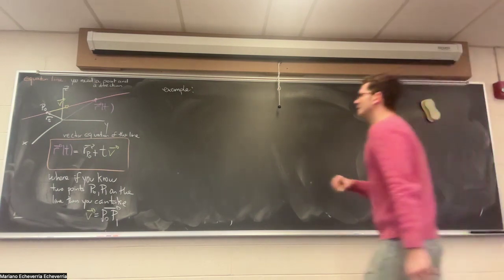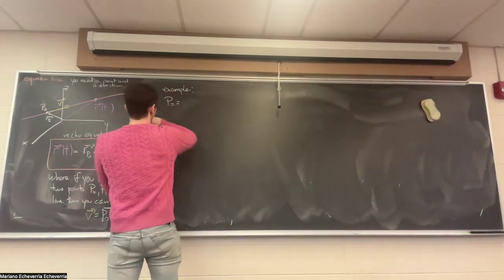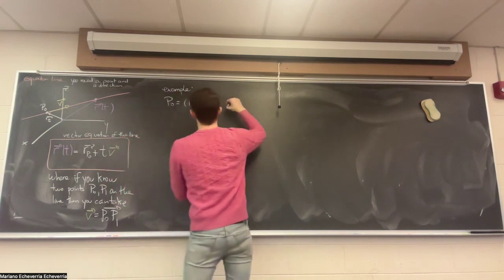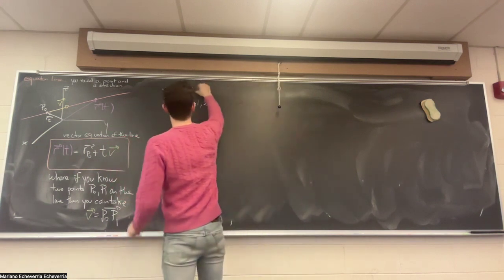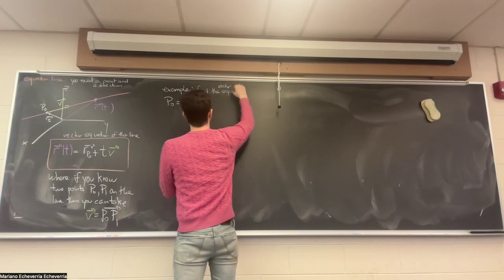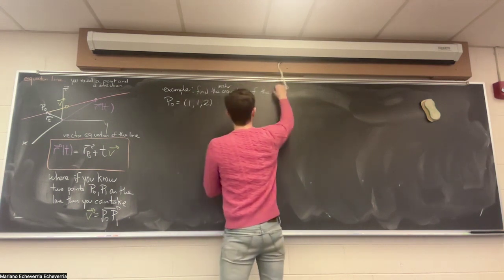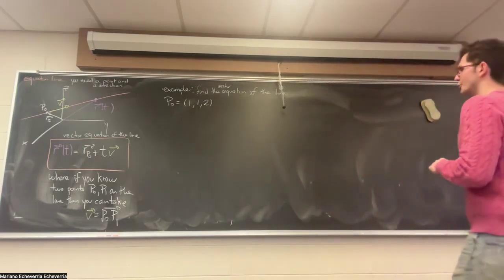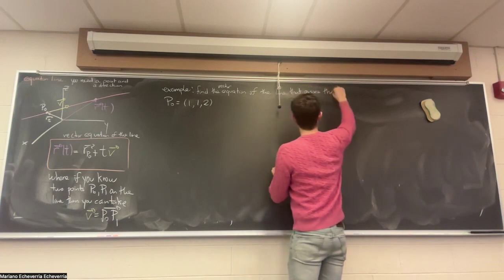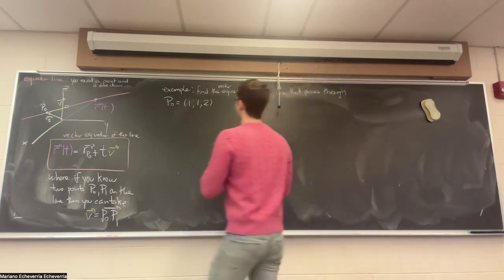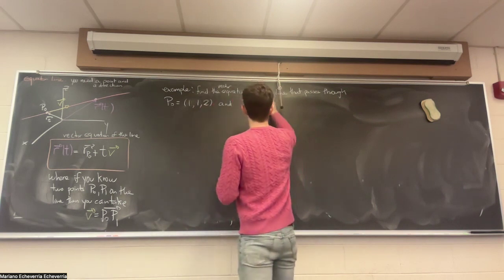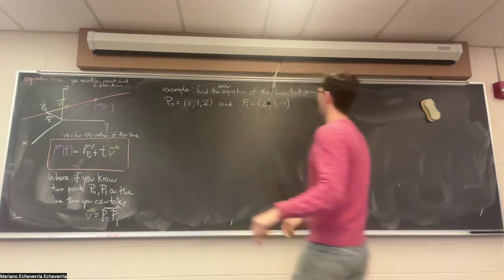But let's say that P naught is 1, 1, 2, and find the vector equation of the line that passes through this point and this other point.